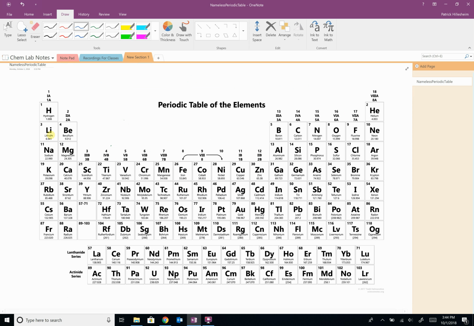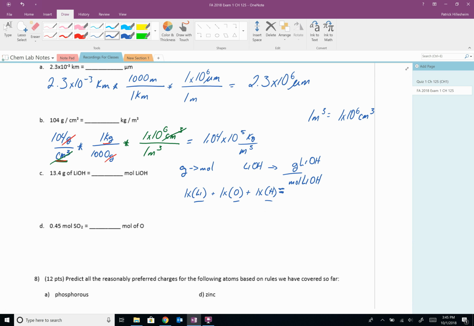Okay, there's the lithium, right? There's our number that we need. Let me make that a little bit bigger just so it shows up. There's the lithium down here, 6.941 grams per mole. There's our buddy oxygen, and there's our buddy hydrogen. So we would take those numbers and plug them back into here.